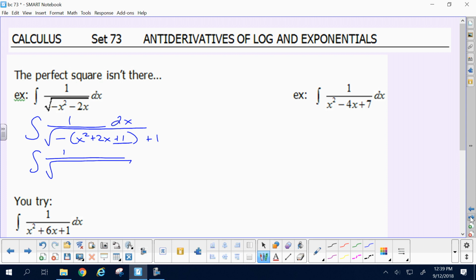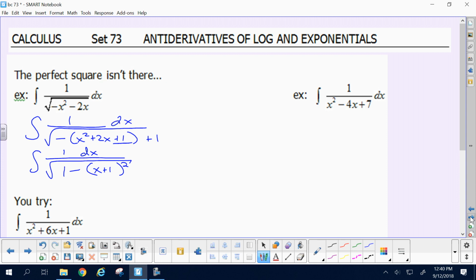Let's write this in an arcsine blueprint kind of way. Usually the constant comes first. So 1 minus the square of x plus 1. Now we have the blueprint, we have the 1.